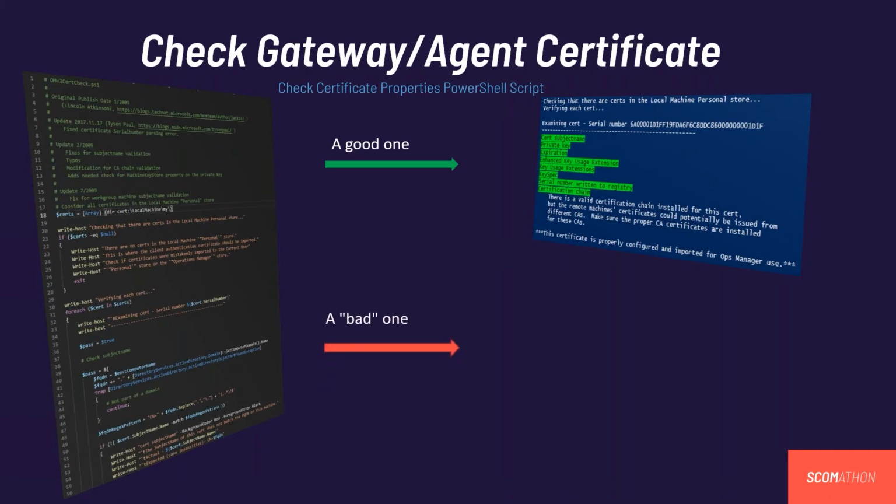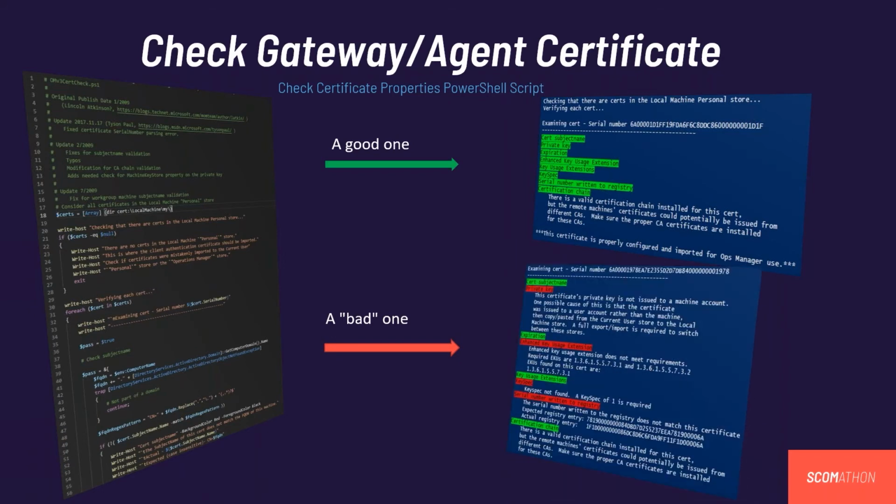If you want to know what a bad one looks like, this is the case. You also see the red area: the private key is missing in this particular example. There are other problems also with the key usage and the key spec.